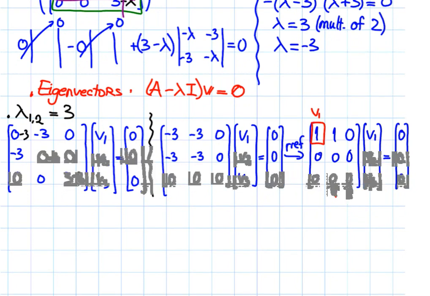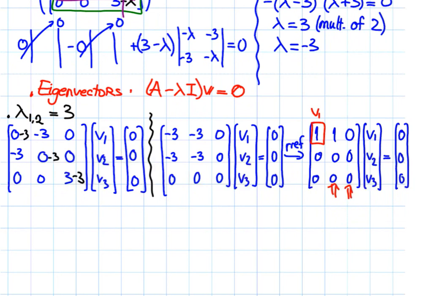So we only have the first row, V1 plus V2 equal to 0, and V2 and V3 are free, or arbitrary.